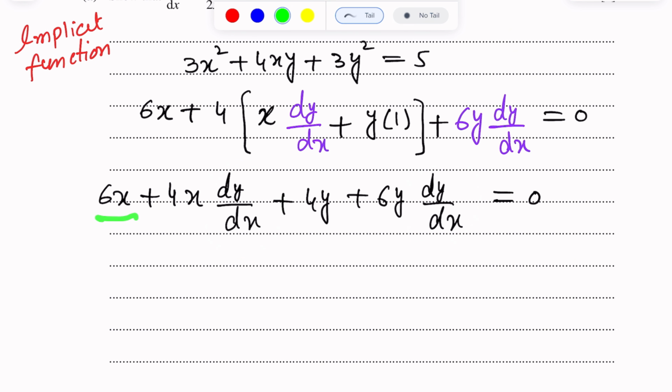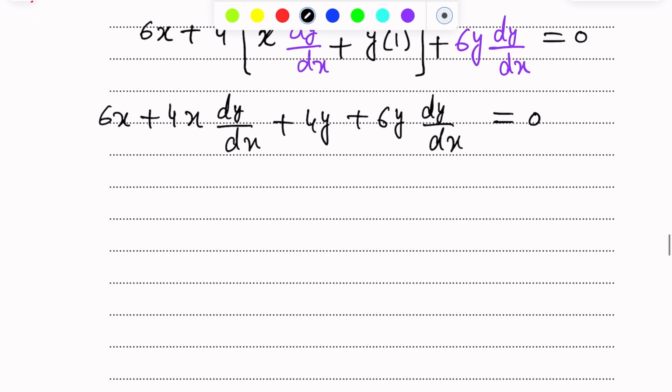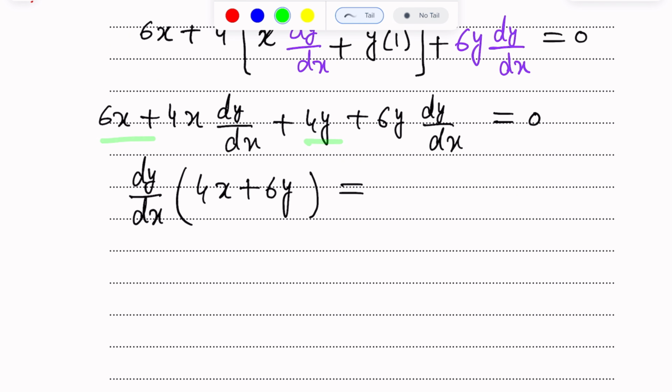Now we are taking dy over dx common from these two terms. The remaining terms we will move to the right side. Dy over dx common, within bracket 4x plus 6y. The remaining terms move to the right side with sign change.